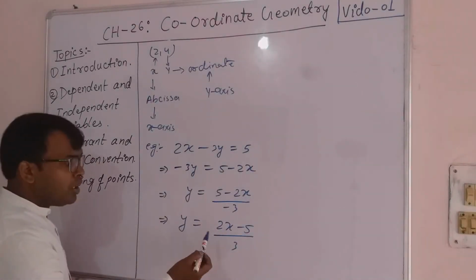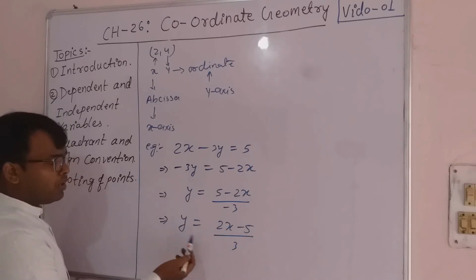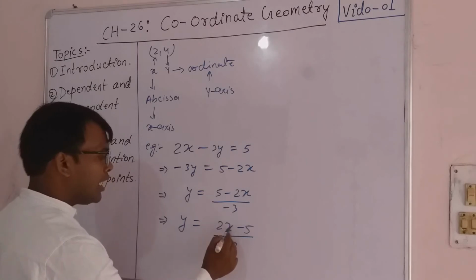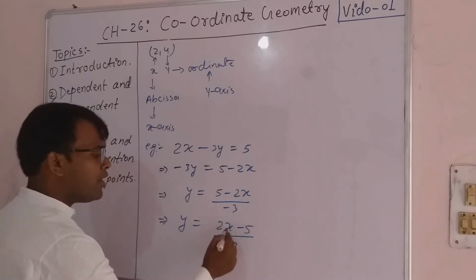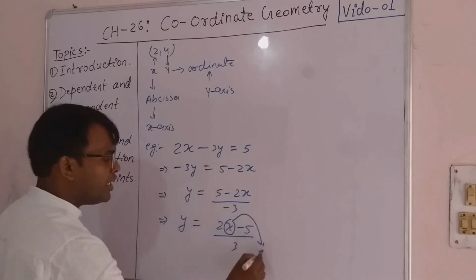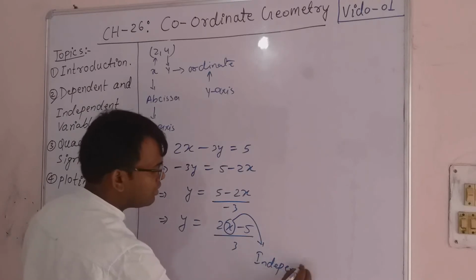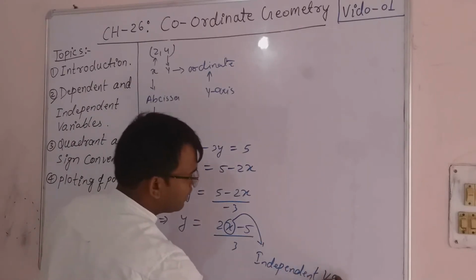So how do we find the value of y when we replace x by some number? That means x is the input value. That's why x is called the independent variable.